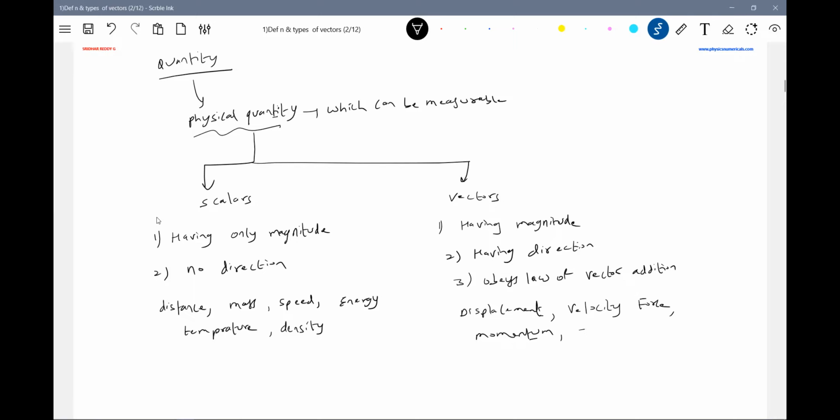We also have torque. All these are physical quantities which obey the law of vector addition. So this is how we'll categorize them. And then, sir, what is the use of learning this? Okay, till now, what all you learned. Suppose a mass, how to add it: suppose a 2 kg block is there.